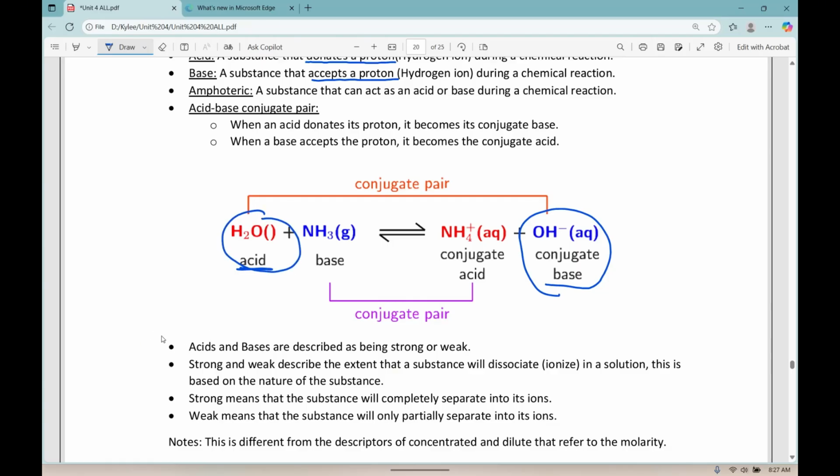Sometimes on multiple choice questions, they love to identify the conjugate acid-base pair, and we want to make sure that we are identifying that correctly. So the acid on the left-hand side is going to be the conjugate base on the right. And then similarly, the base becomes what we call the conjugate acid.